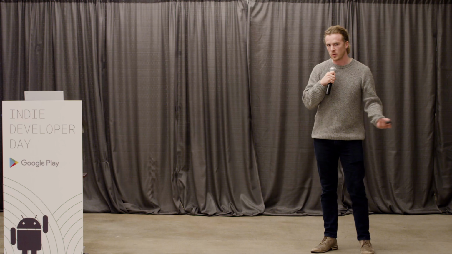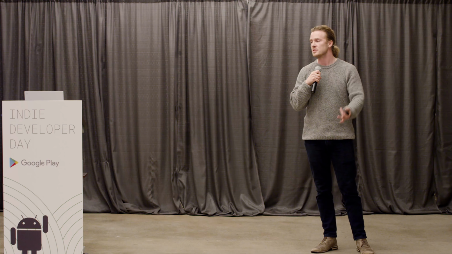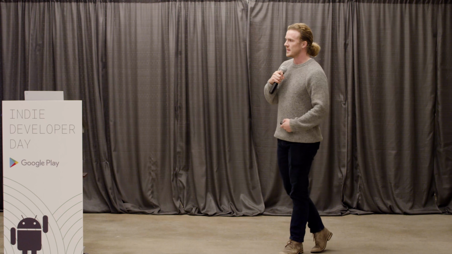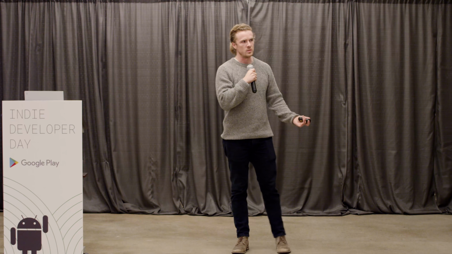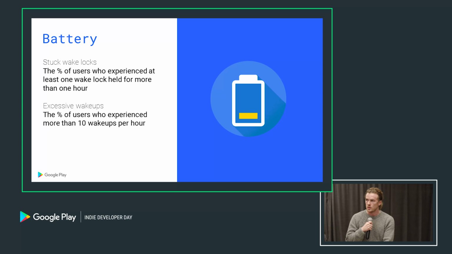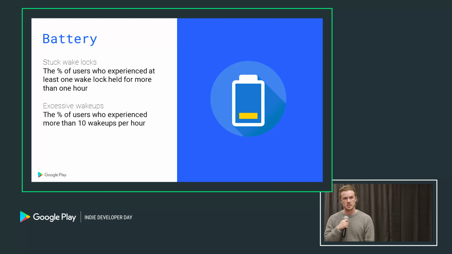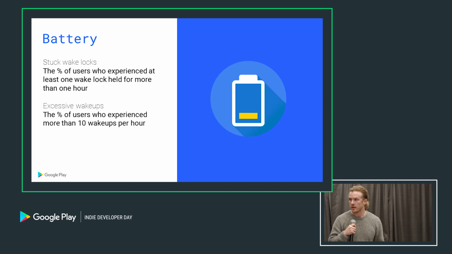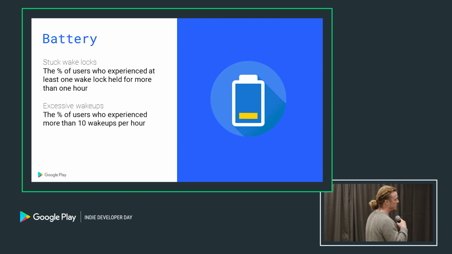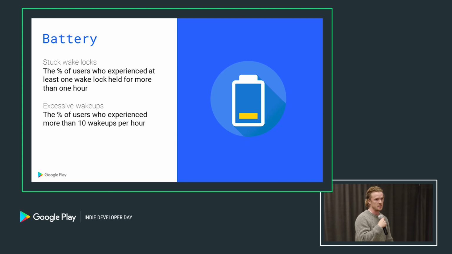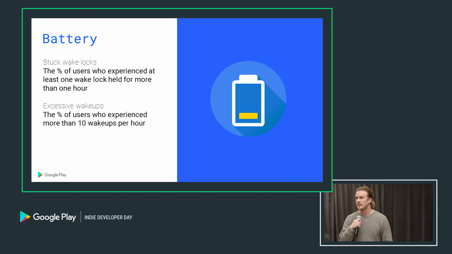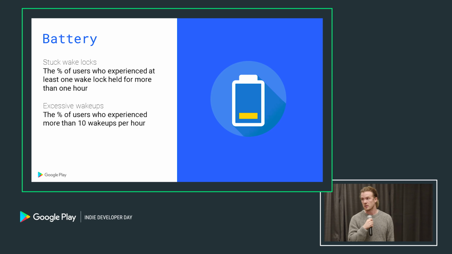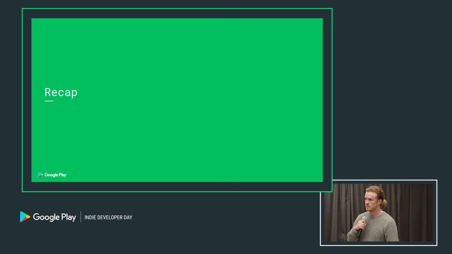So if your game is up at the top of the list as a power hog, that puts you in dangerous territory of potentially getting uninstalled or used less. So make sure that you're not waking up the system too often, or that you don't have any stuck wake locks when your app tries to get backgrounded. If you hold on to things like audio handles, your game won't be backgrounded properly and it will continue to draw power.